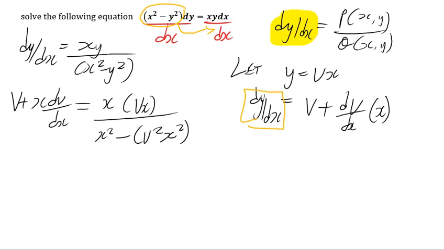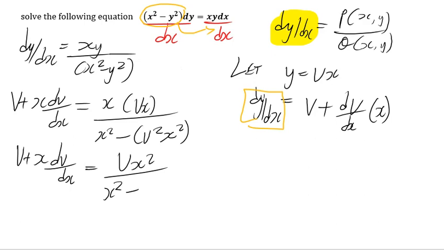So you square both of them. Then here you say v plus x dv over dx equals vx squared over x squared minus v squared x squared.